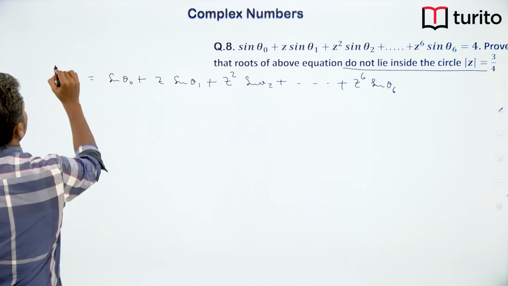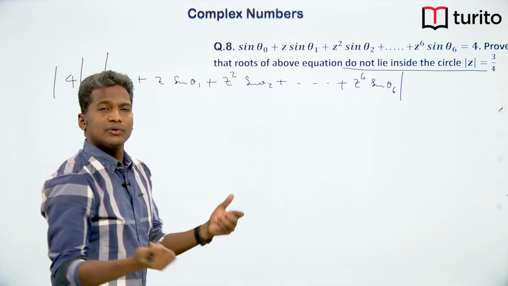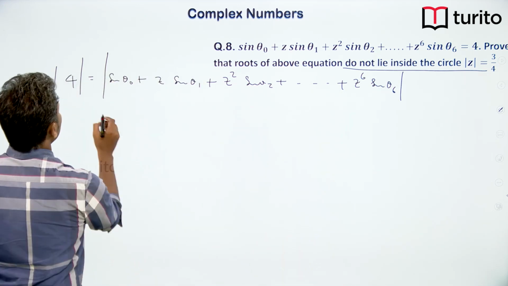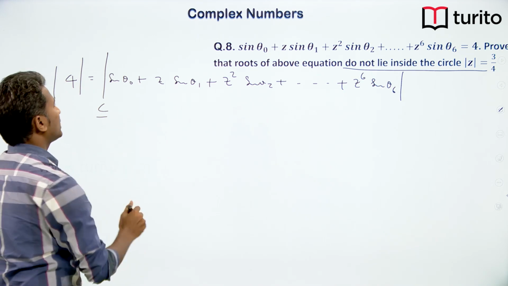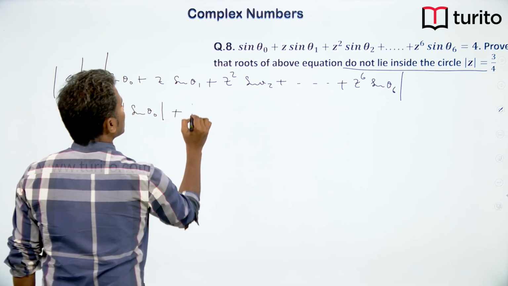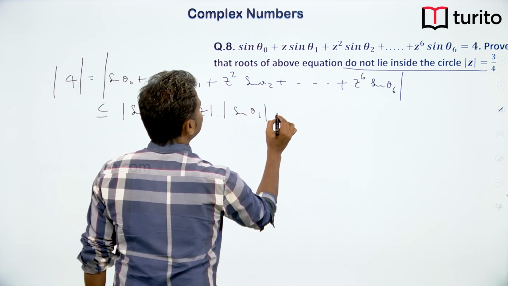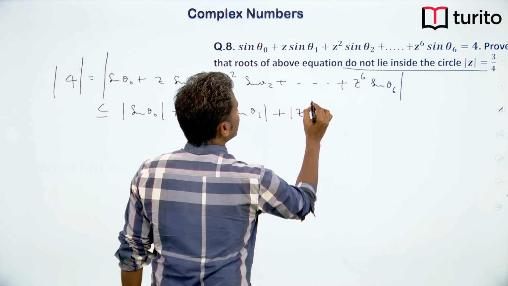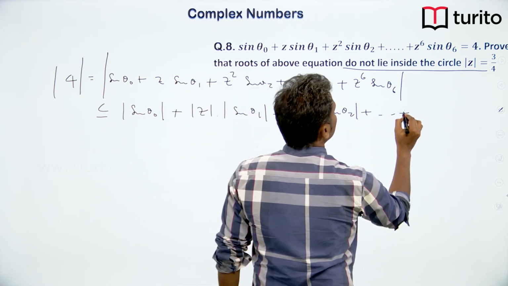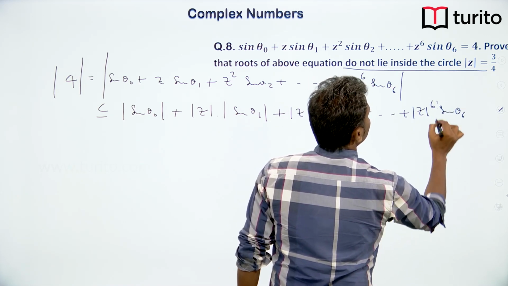So, first I will apply mod here. If I apply mod on both sides, of course, they have to be equal, but further this RHS can be written with triangular inequality like this: mod of sin theta naught plus mod of z into mod of sin theta 1 plus mod of z square into mod of sin theta 2 till the last term mod of z power 6 into mod of sin theta 6.